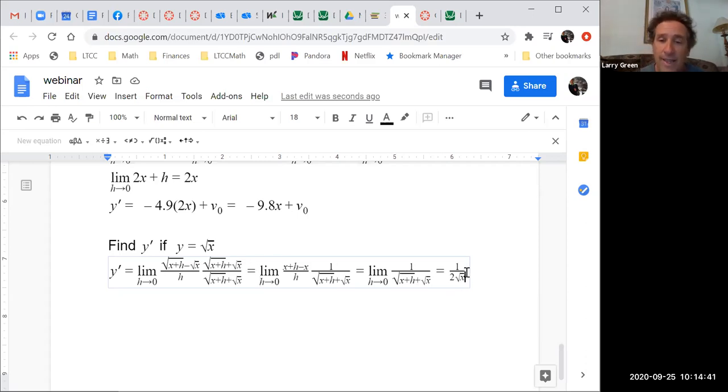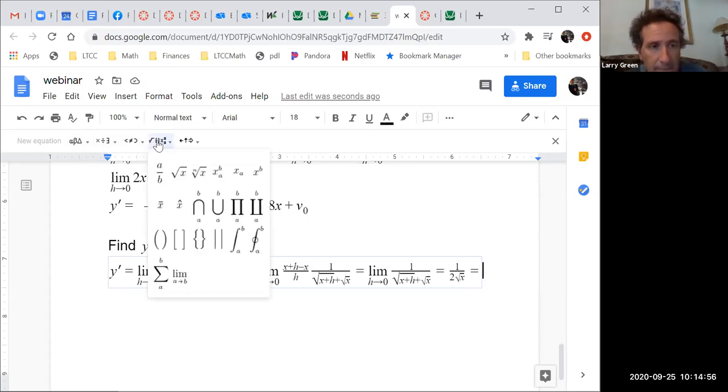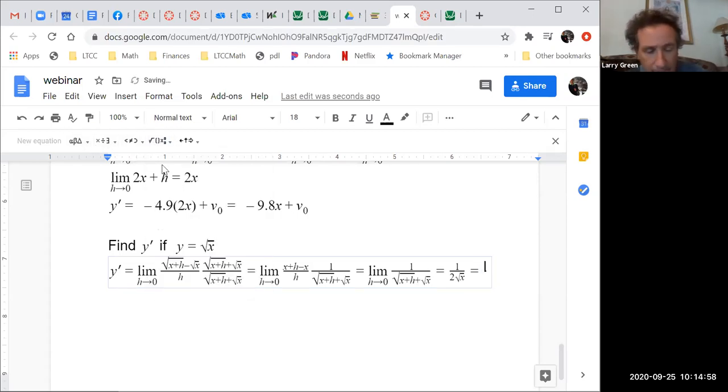In fact, you can even write this, if you want, as 1/2 x to the negative 1/2, is the same thing.